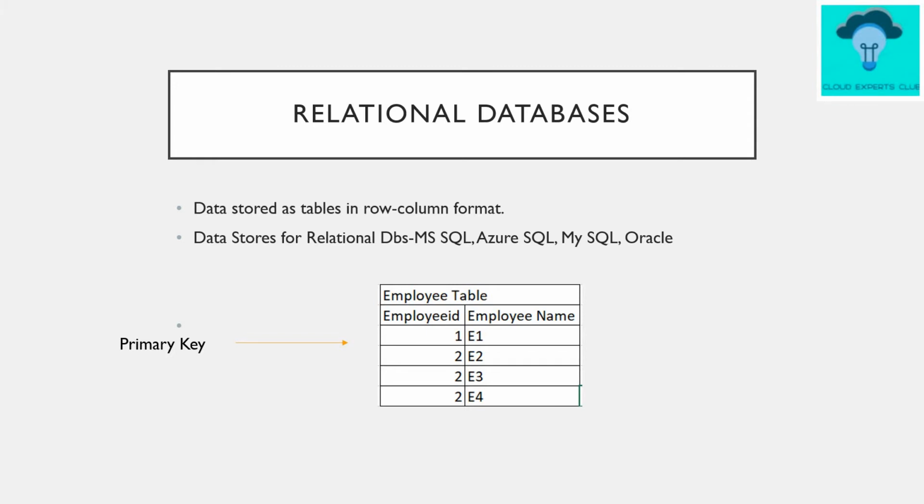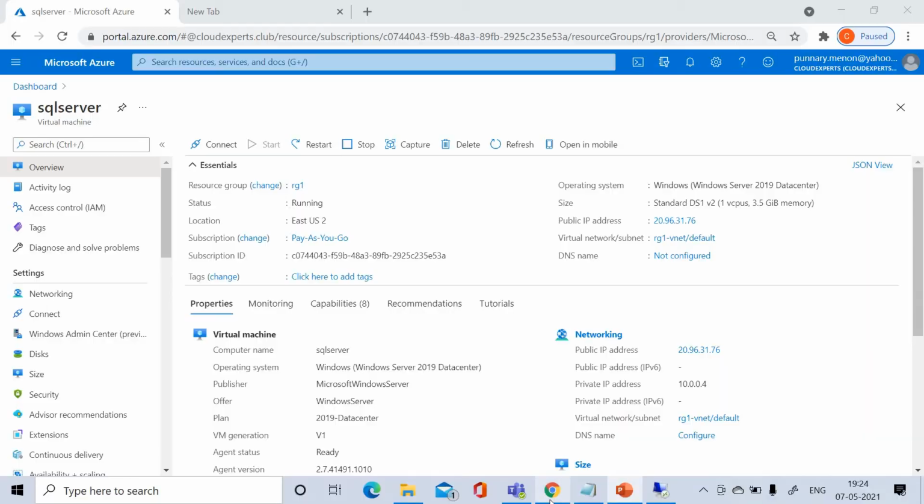But today, in this short session, my intention is to show quickly how to get started with Microsoft SQL in Azure. Microsoft SQL Server can be created on premises on a dedicated Windows server, or it can be installed on a virtual machine in Azure. That's what I've done.